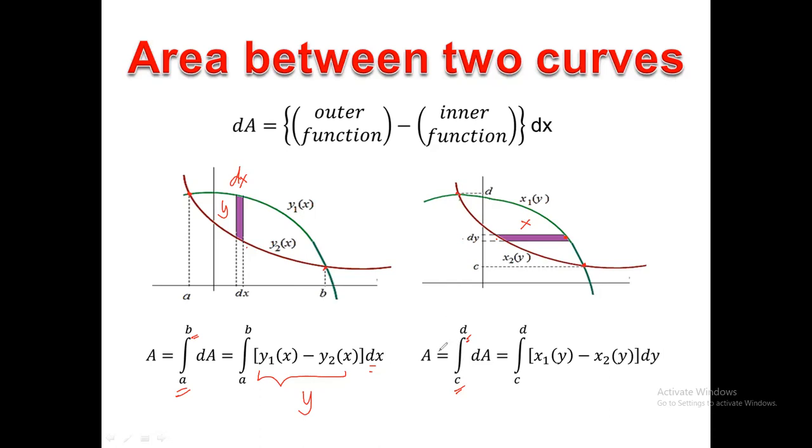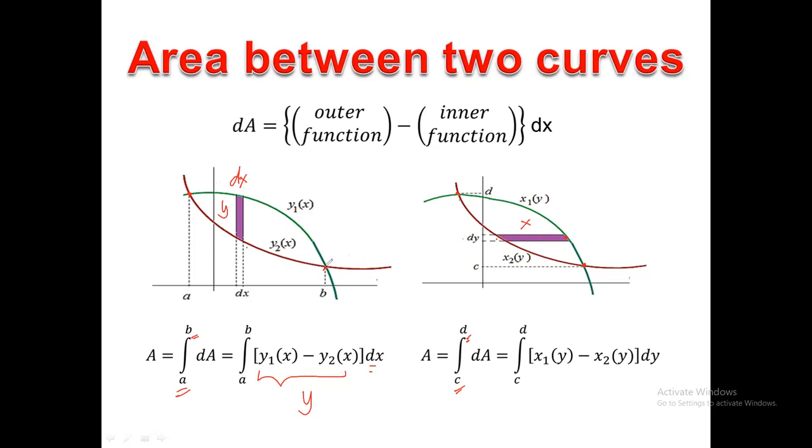The question is, Miss, in which of the two equations? Because if it's a point of intersection, class, we go back to the principle again that at the point of intersection of the two curves or of the two functions, they will have the same x and y value. So either this equation I'll use or this equation I'll use, at this particular point they will have the same x and y.